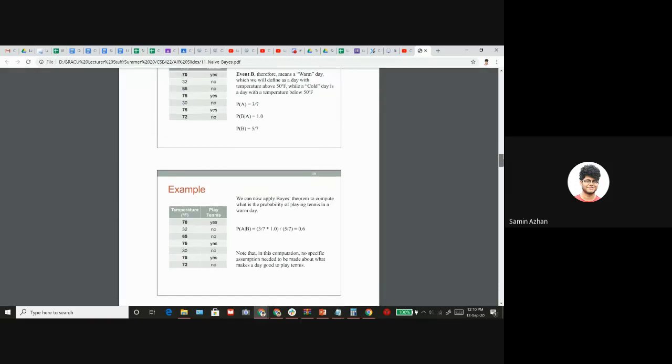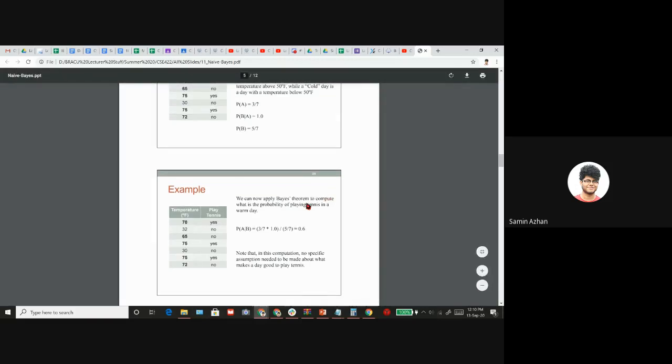Now, if we apply the Bayes theorem here for calculating the probability of A given B, we're using the Bayes rule.